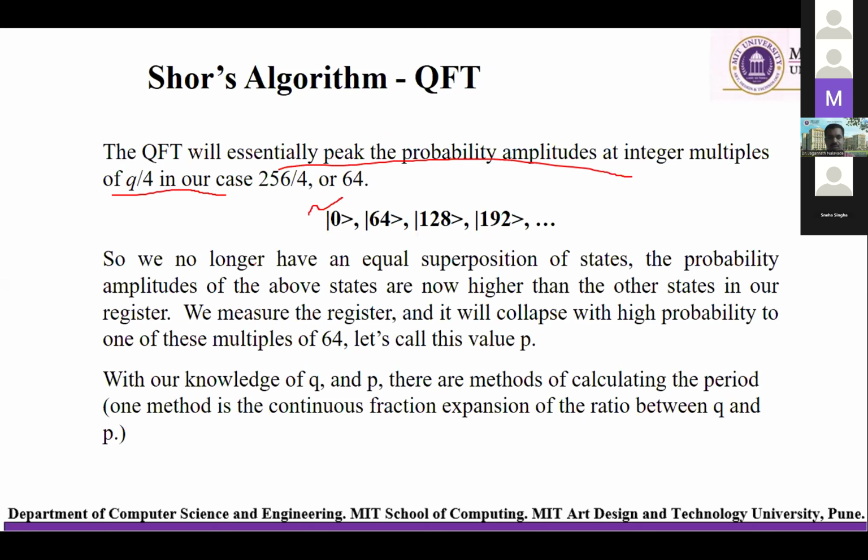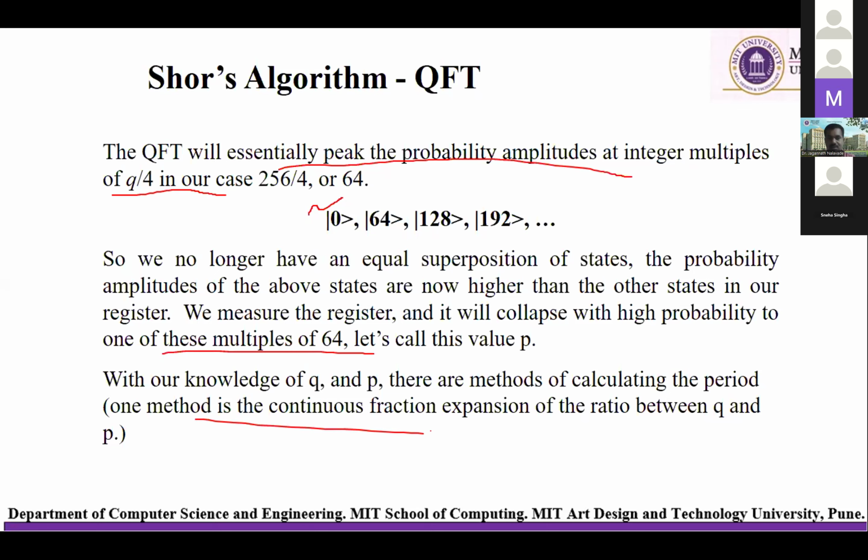So we no longer have the equal superposition of the states. The probability amplitude of the above states is now higher than the other states in our register. So we measure the register and it will collapse with high probability to one of these multiples of 64. With our knowledge of Q, there are different methods for calculating the period.